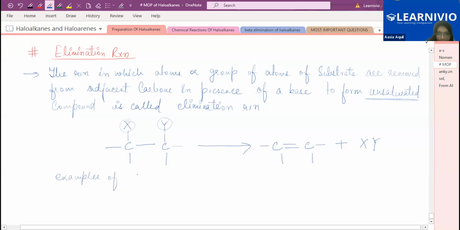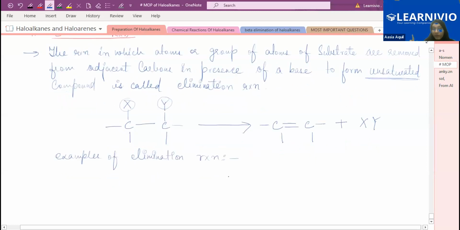Examples of elimination reaction, or you can say the types of elimination also. So sometimes what happens, only water is removed from the given compound. अगर आप water भी remove करते हो, that is again an elimination reaction. Elimination means dehydration.